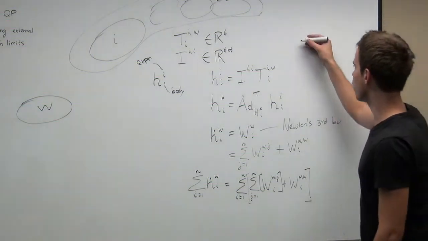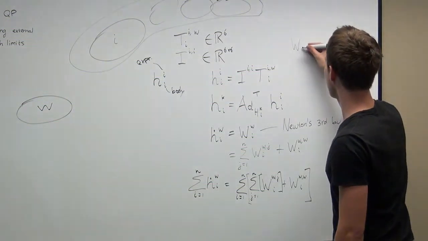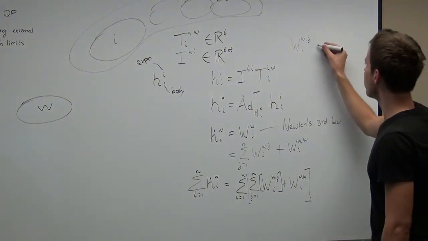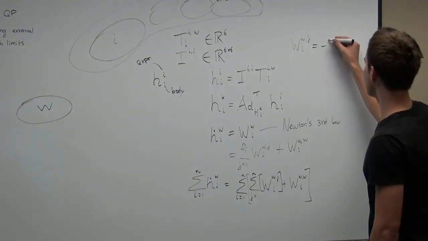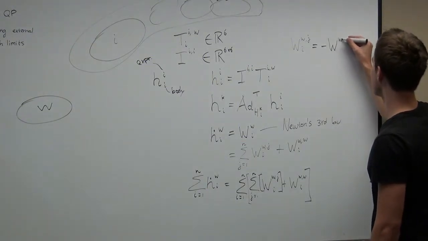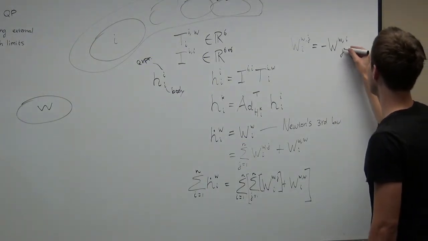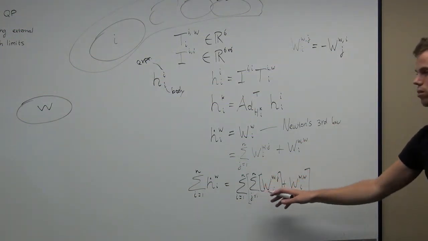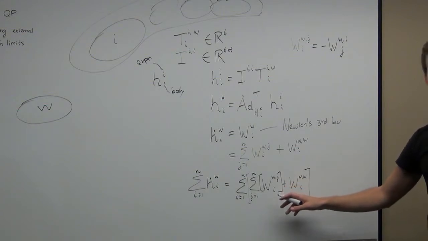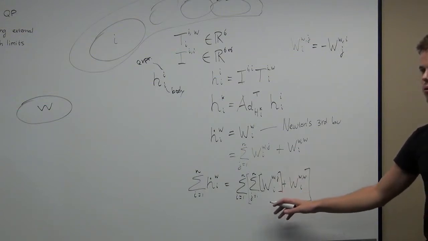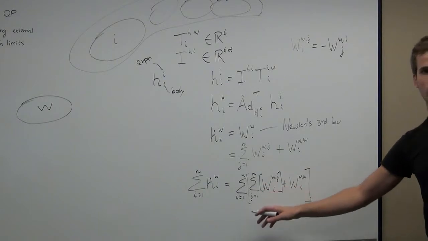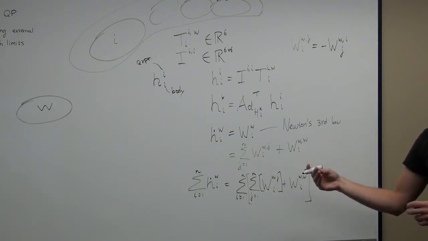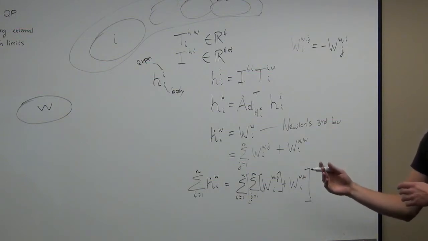So if you have a wrench exerted on body I, expressed in world frame by body J, then there must be an equal and opposite wrench exerted the other way, negative W I J. And so if you work out this double summation, all of the terms drop out, because for all of the internal wrenches, there's another wrench being exerted the other way.